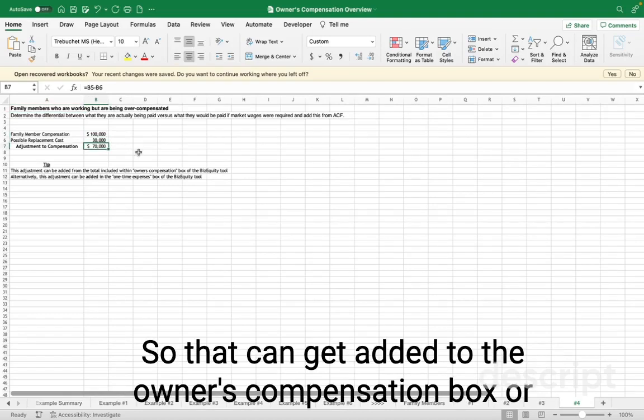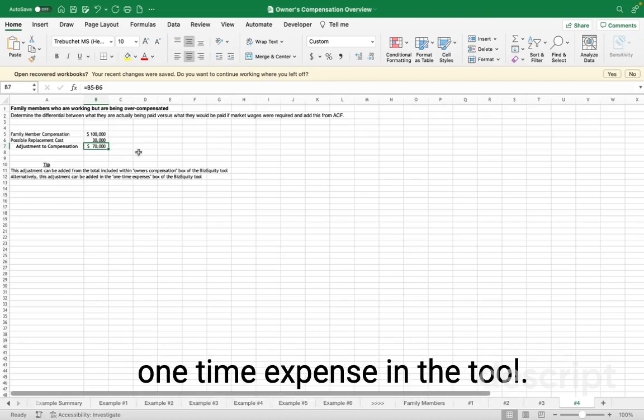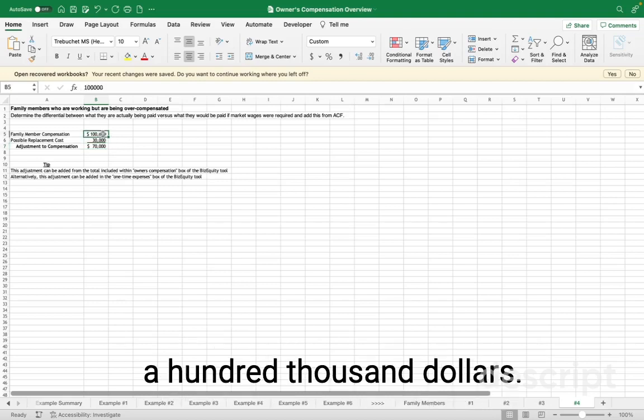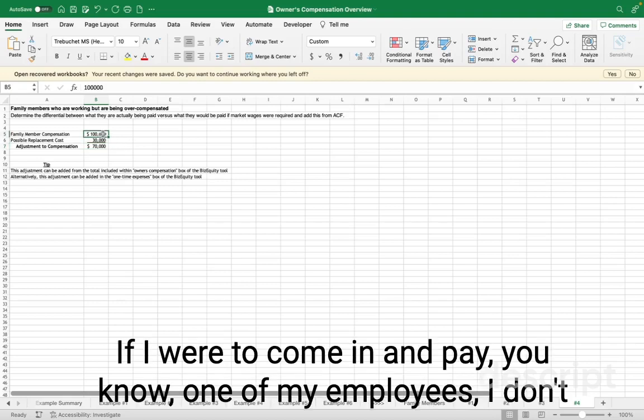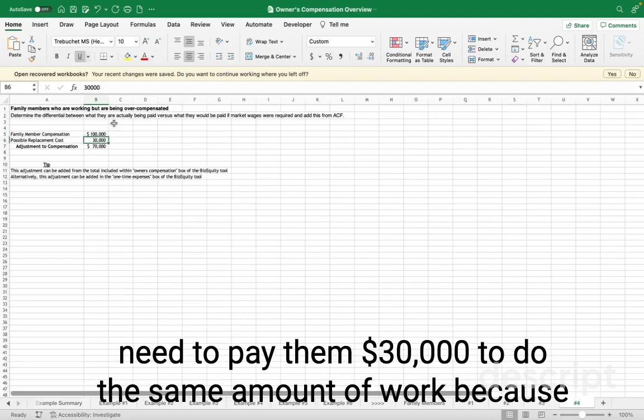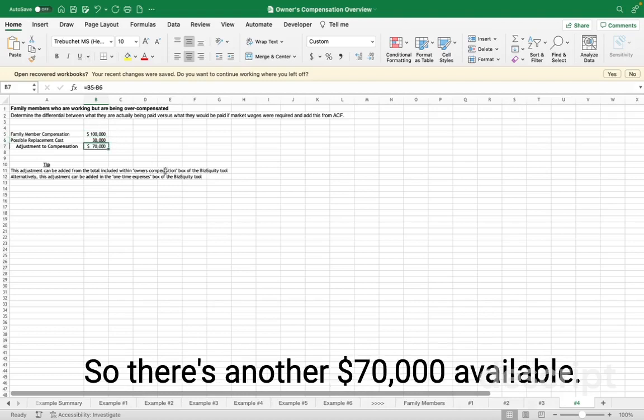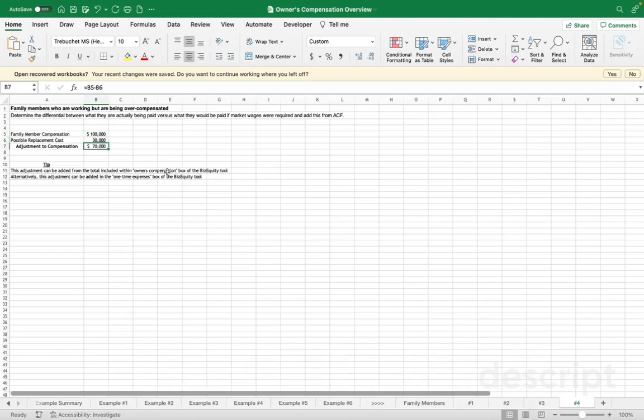So that can get added to the owner's compensation box or one-time expense in the tool. Again, the thinking there is that the current owner is paying $100,000. If I were to come in and pay one of my employees, I only need to pay them $30,000 to do the same amount of work because you're overpaying them currently. So there's another $70,000 available to me.